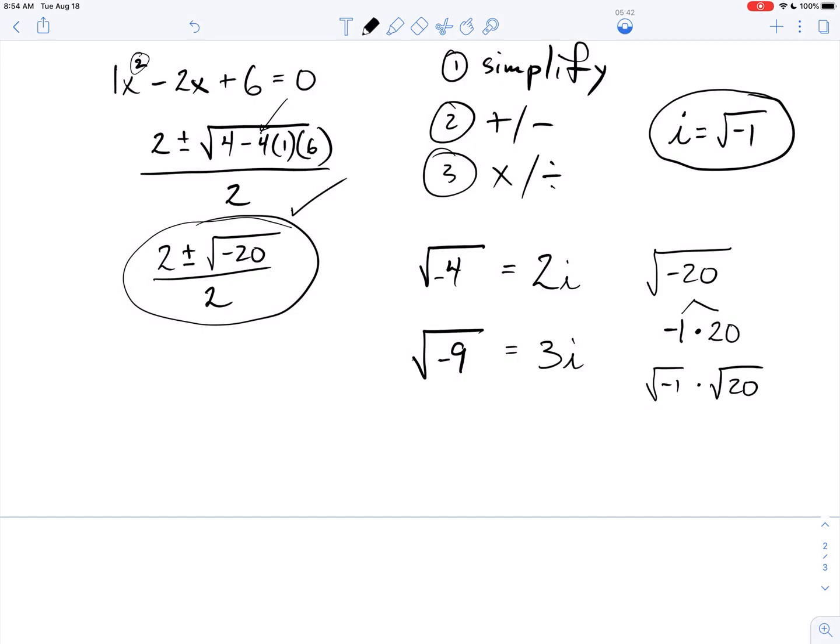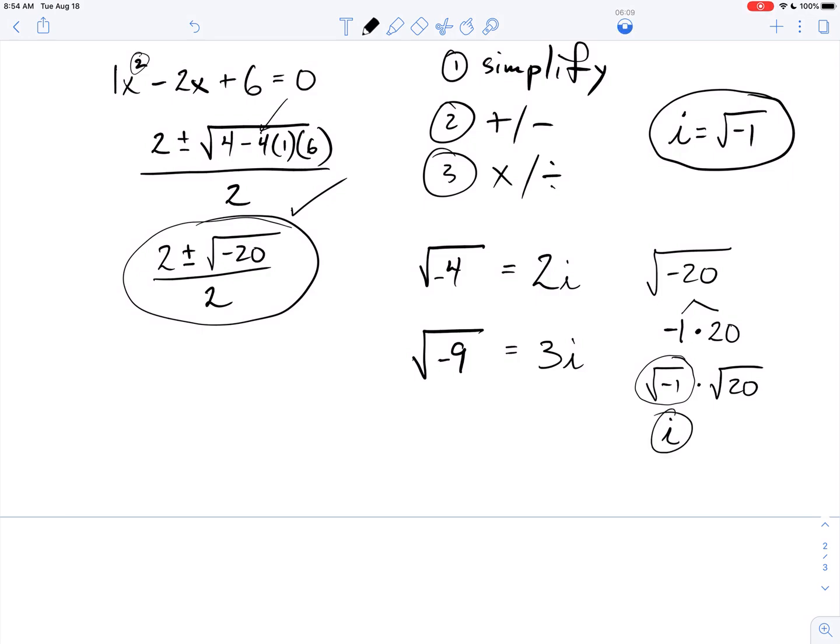So i is called the square root of negative 1. i stands for the word imaginary. It's called an imaginary number. So when we see a negative under the radical, we say, wait a minute, that means there is an i value in this answer, an imaginary number value. It represents the square root of negative 1, but we never write that. We just write i.